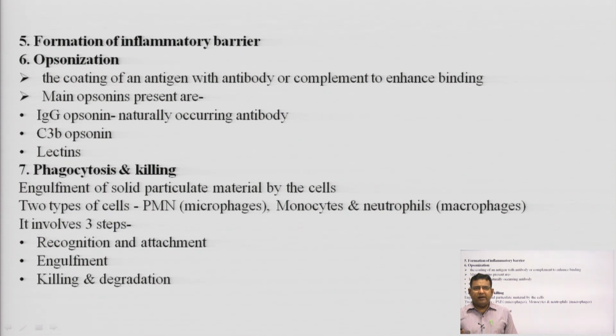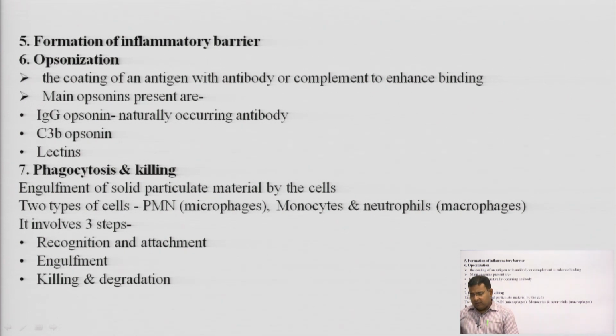So, they ensure the binding. Which are the main opsonins? IgG opsonin, naturally occurring antibody, immunoglobulin G, C3b opsonin, lectins. So, these are all the opsonins which help in opsonization to enhance the binding.